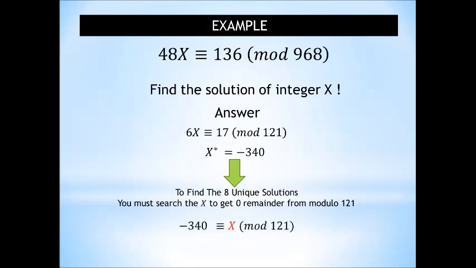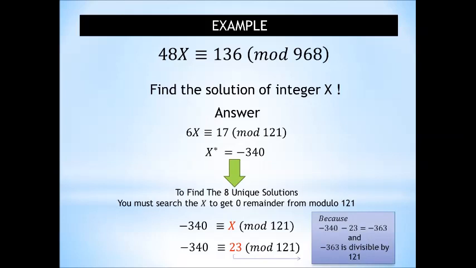And here we go, minus 340 congruent x mod 121, and it gives x equal to 23. Why? Because minus 340 minus 23 gives minus 363, and minus 363 is divisible by 121.